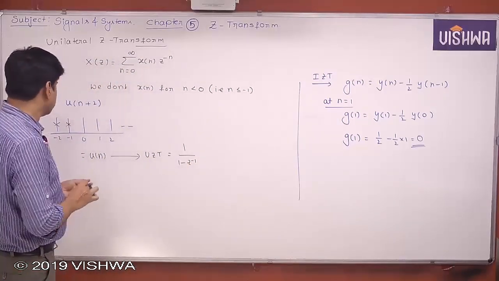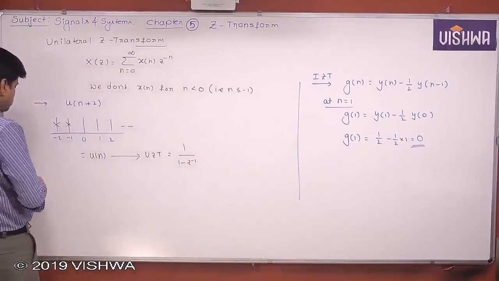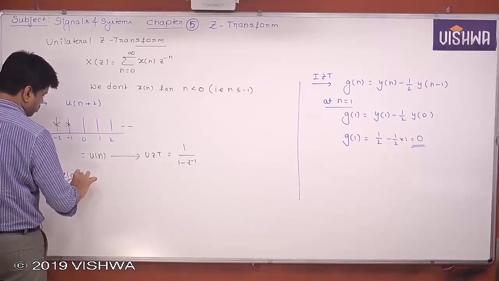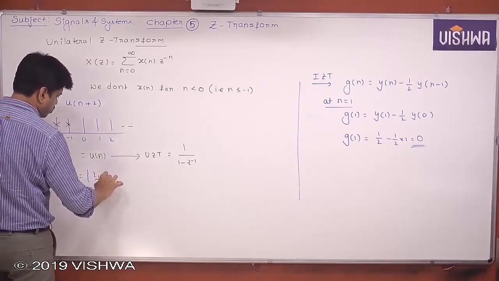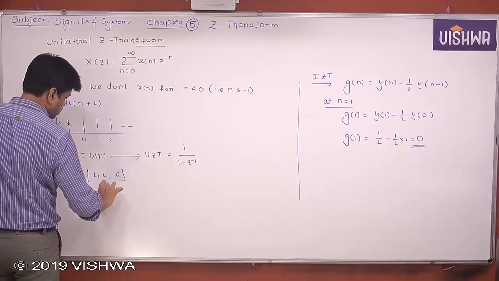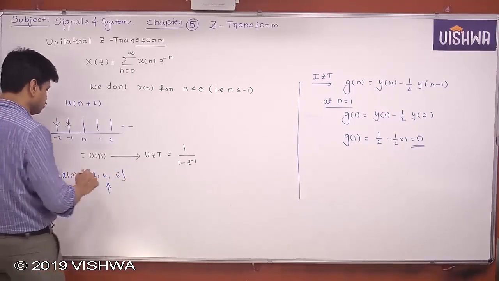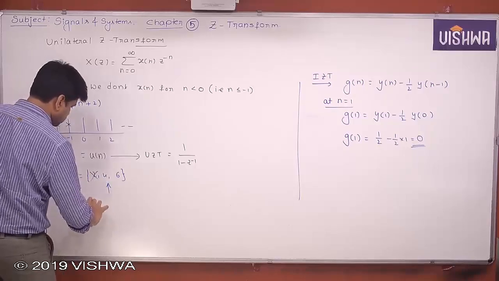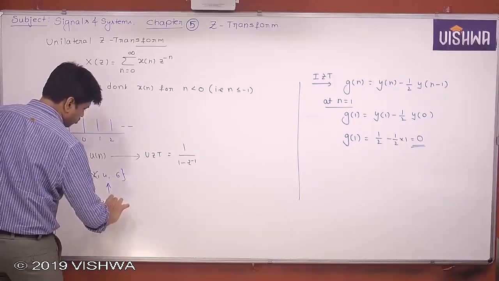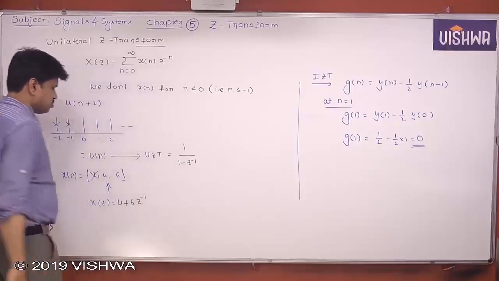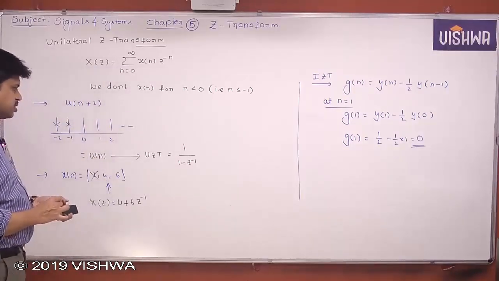Okay. Next, suppose if it is given like this, x of n is equal to 2, 4, 6. Here is the arrow. So we don't consider the negative portion. Then what is x of z? 4 plus 6 z inverse. Clear?